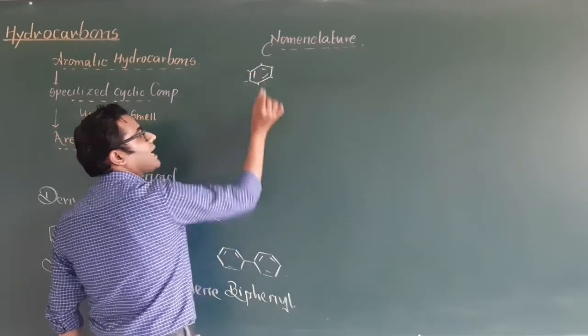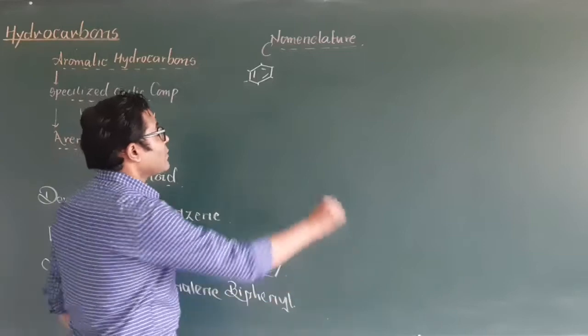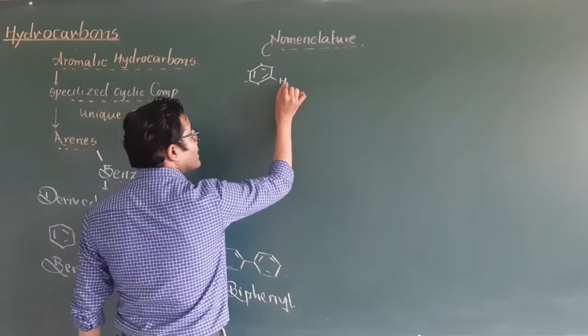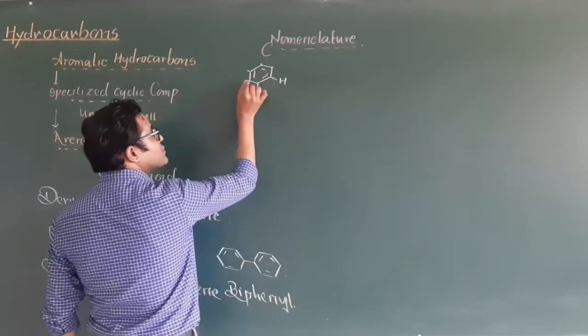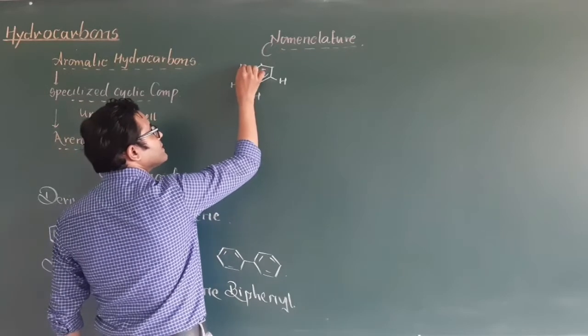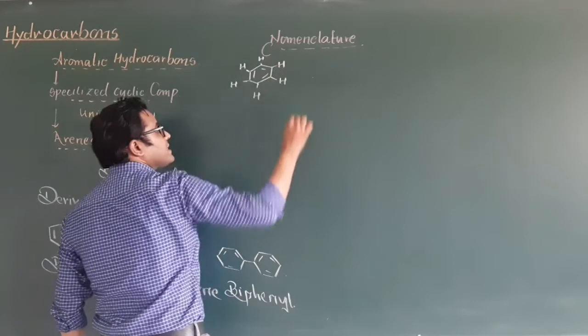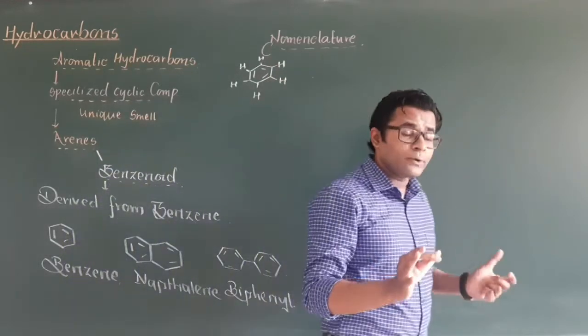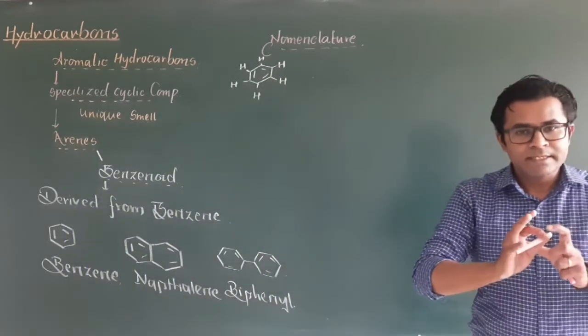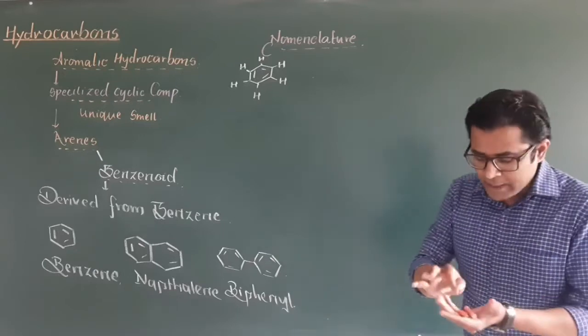How many carbons do we have? We have 6 carbons, right? Now each of these 6 carbons is attached to a single hydrogen like these, correct? Now all these hydrogens are the same in their nature.